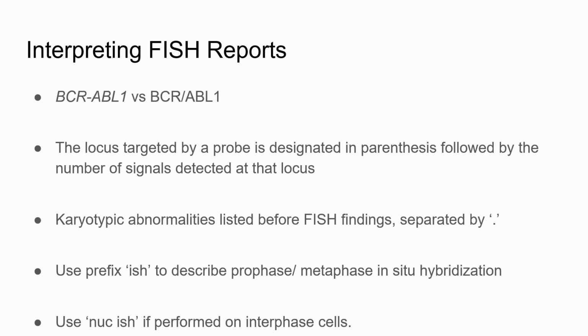If in situ hybridization occurs in metaphase or prophase cells, we use the lowercase prefix ish. If in situ hybridization occurs in interphase cells, we use the prefix nuc ish. One way to tell the difference by looking at the screenshot of the FISH analysis is that ish will show DAPI staining in compact chromatids, while nuc ish will show an entire DAPI-stained nucleus as a sphere. We follow these prefixes with a space.